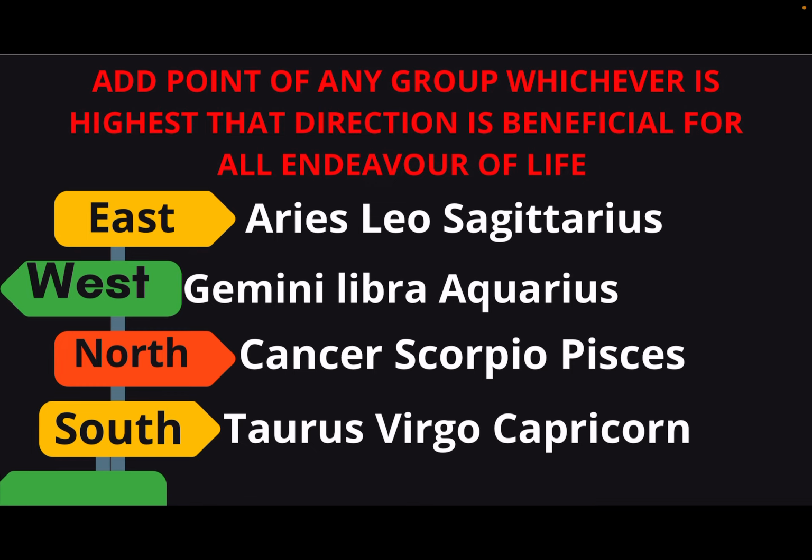Now, whichever group has the highest points in Sarvashtakvarga, that is the direction in which we can look for our marriage prospects. A spouse from that direction should be beneficial for us, and we can also relocate to that direction in order to have a prosperous life, and for any endeavor of life that direction will be good.